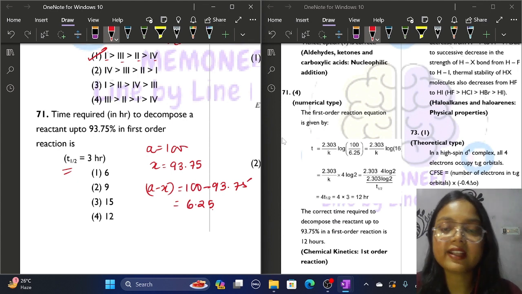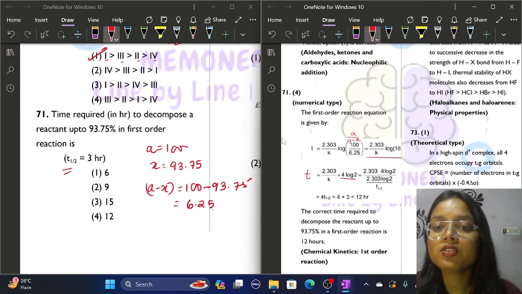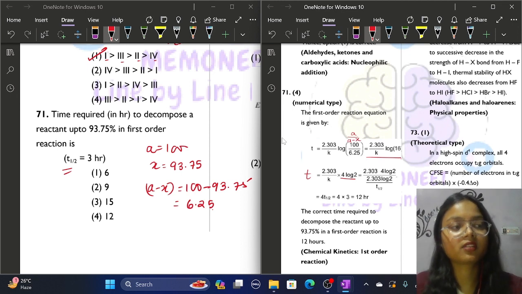Let's put all these values in the equation. So T is equal to 2.303 by K log of A by A minus X, so log of 100 by 6.25. Okay, so upon solving this, log 16 is written as 4 log 2, and for this type of reaction we will get, for K, we can write this type of formula.